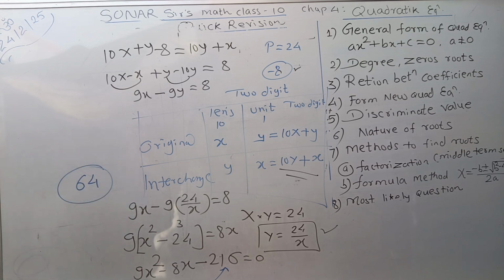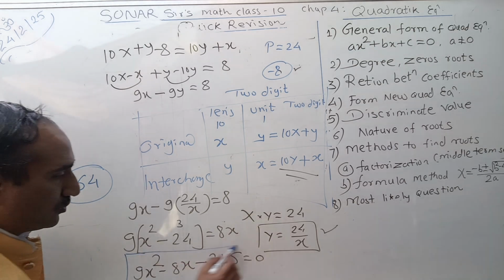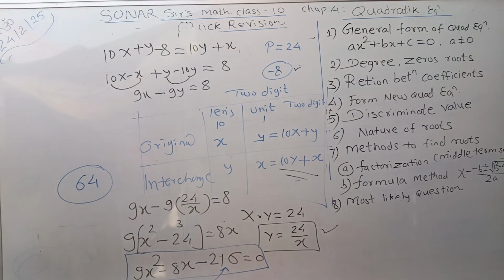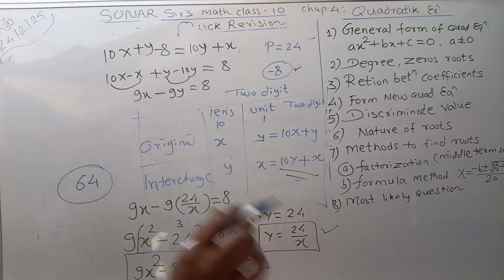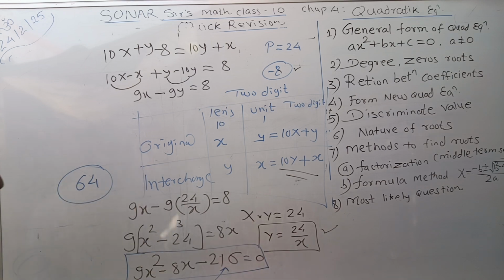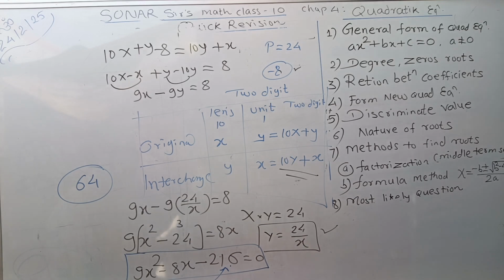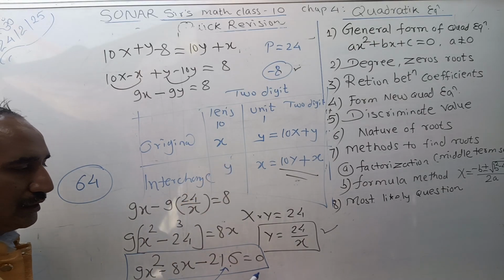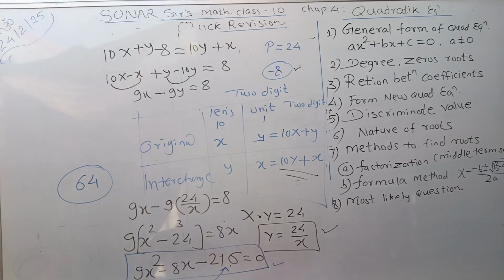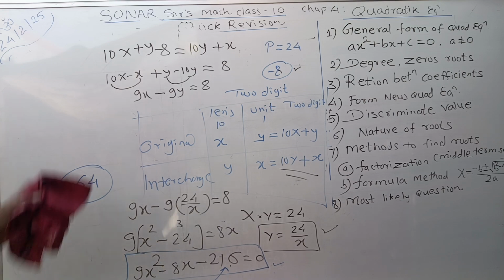We'll get the 2-digit number as 64. Why am I suggesting middle term separation? Because these terms are larger, so b square minus 4ac will have more square roots and terms will be larger. So I recommend middle term separation to find the factors, and the number is 64. So the 2-digit number will be 64.